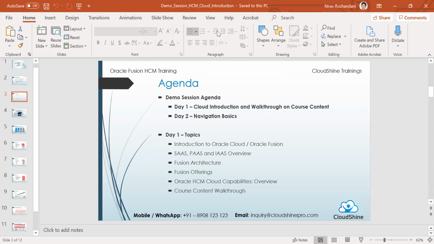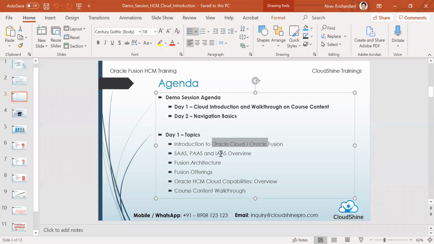We'll also look at the overall course content in a bit, and then in tomorrow's session we will talk about the navigation basics to begin with, with regards to the application. So we'll start off with these topics today in terms of what is Oracle Cloud, Oracle Fusion, what's SaaS, PaaS, and infrastructure as a service.